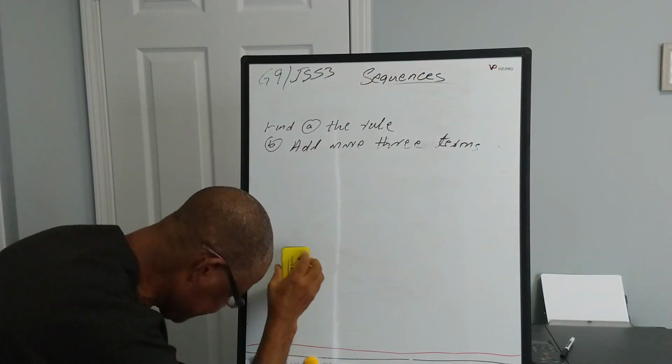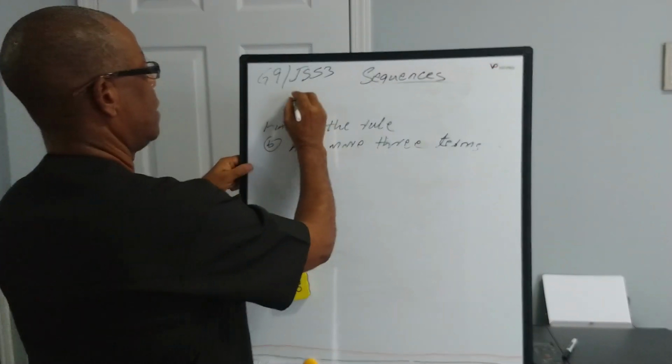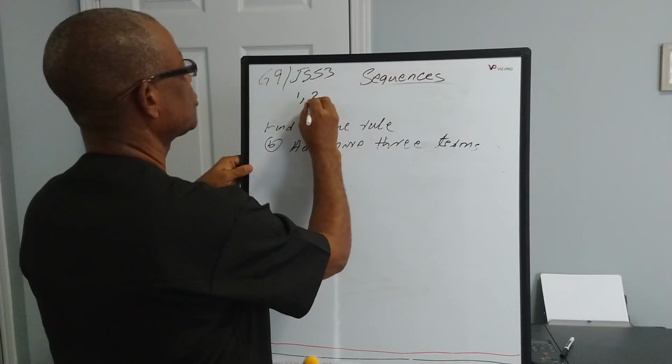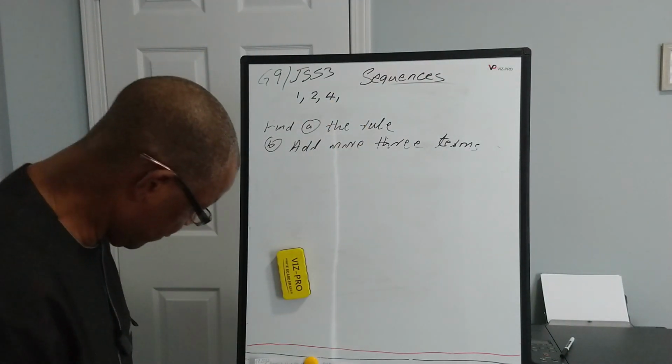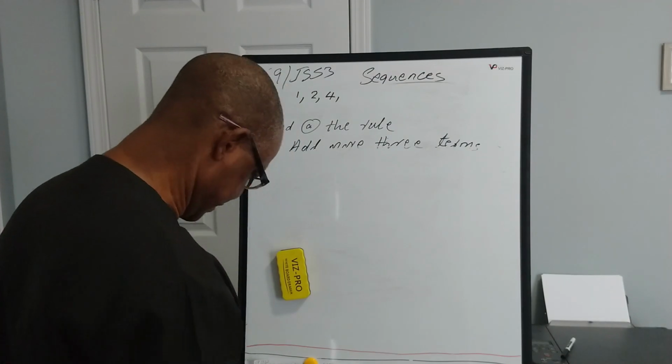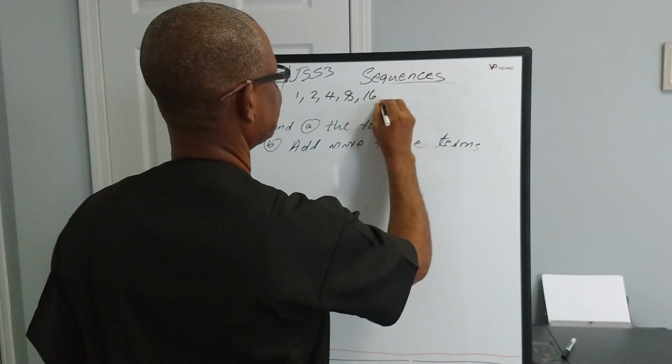We have a number 1, 2, 4. Let us add more numbers to that, okay? 8, 16.